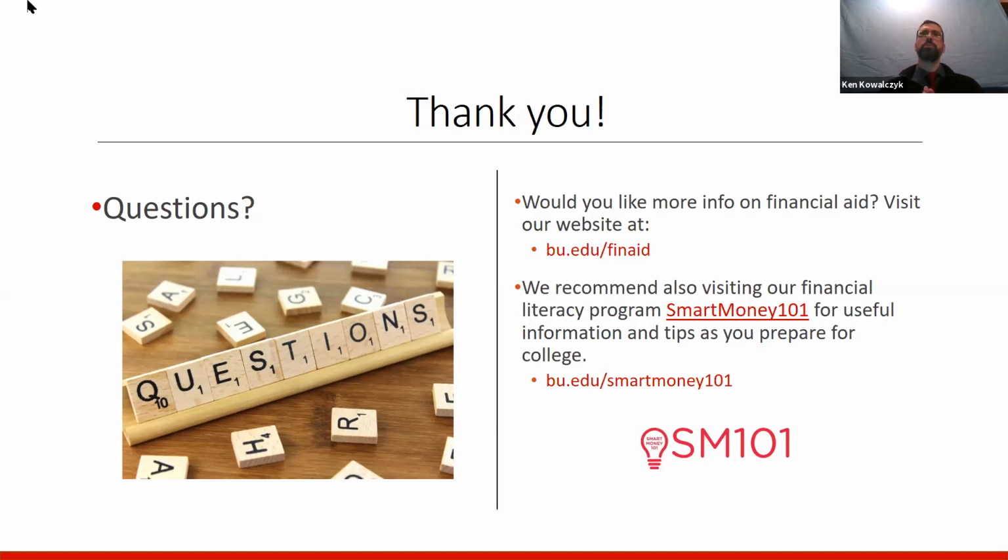If you decide to, what we say, overload and enroll in more than 18 credits per semester, you'll begin to be charged a course overload fee at the per credit rate.